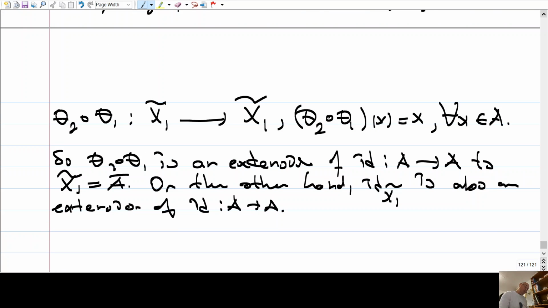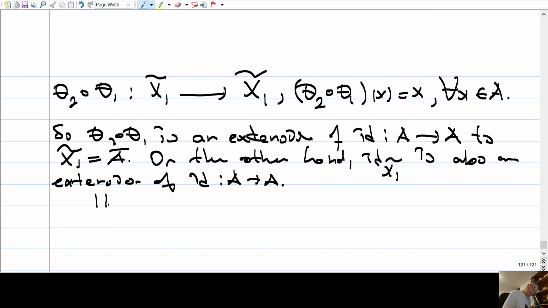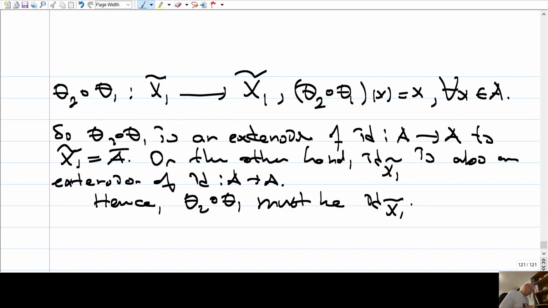Okay. So this function is the extension of the identity function. The identity function of x1 tilde is also an extension of this function. A is a dense subset of x1 tilde. Therefore, these two extensions must be the same. Hence, this extension must be the identity of this.